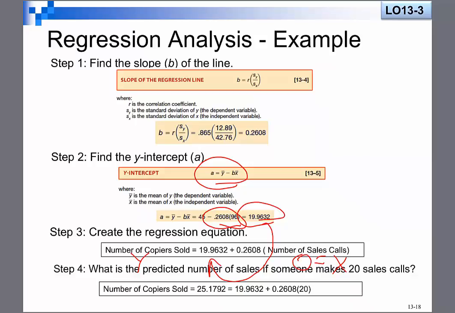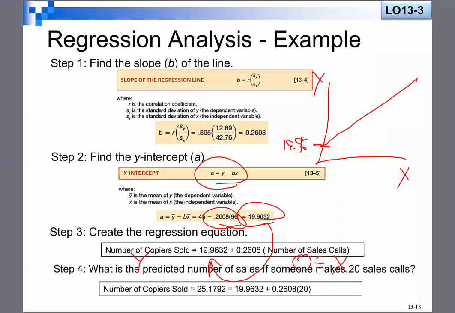And of course, if we were to graph that, this is y, and that's x, we could say our y-intercept is 19.96, and it's a positive line, so it would look something like that. There's your 19.96.